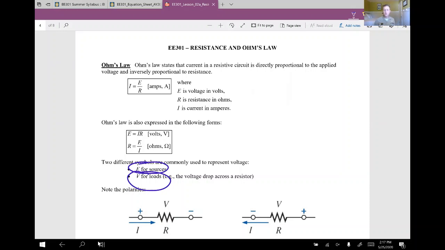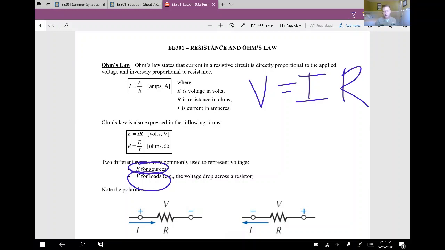So what Ohm's law is stating is that the voltage across a resistor is the same as the resistance multiplied by the current going through that resistor. So that's why it says V equals IR. So the voltage across this element down here at the bottom has a current going through it and a resistance.